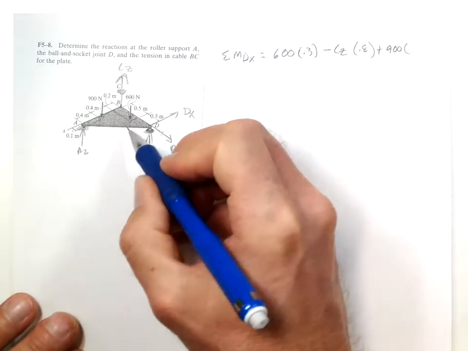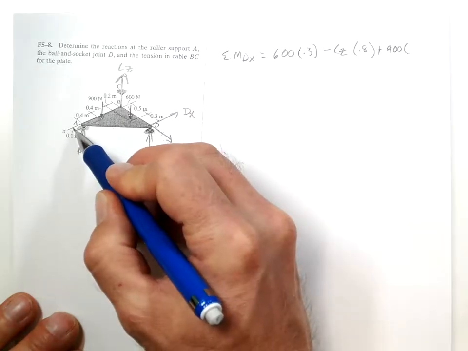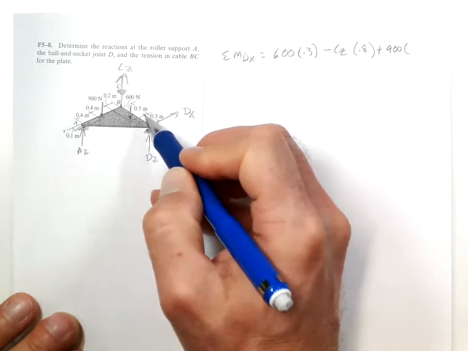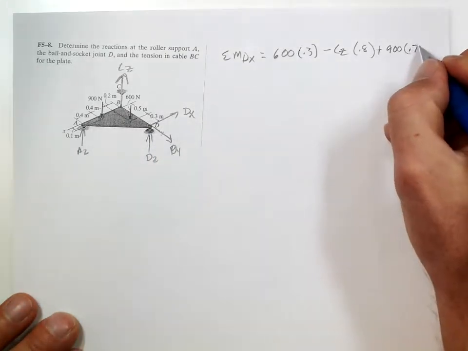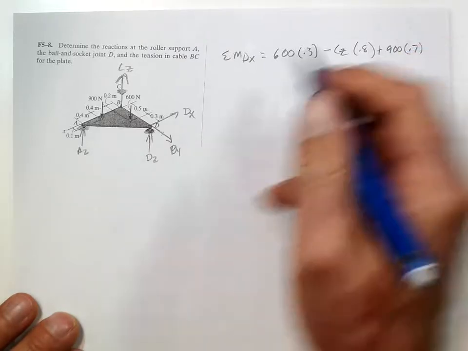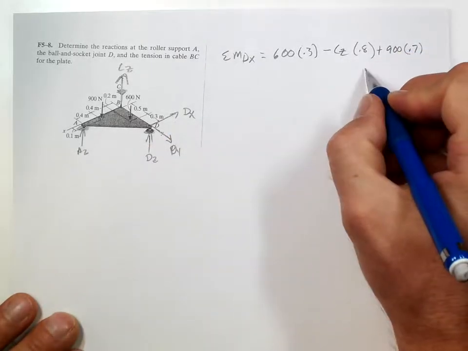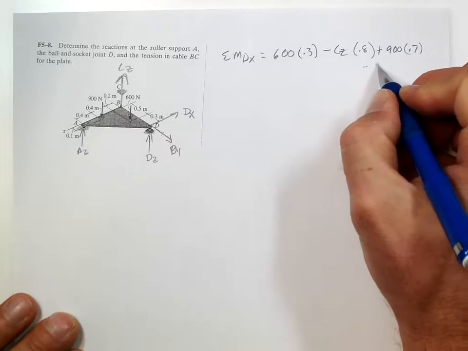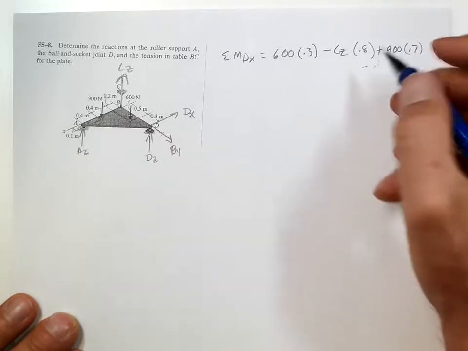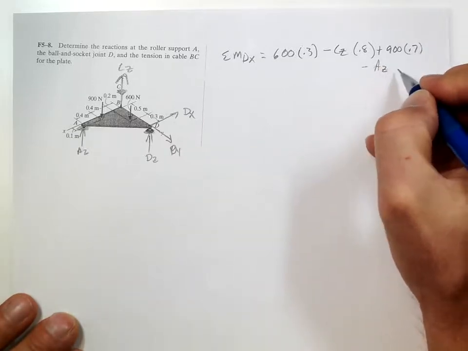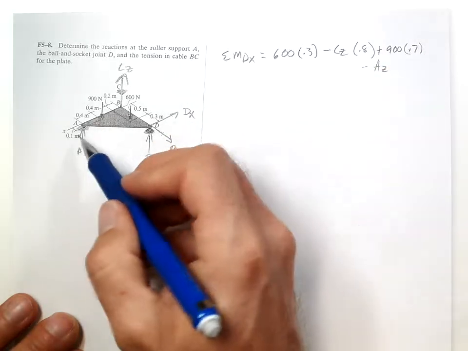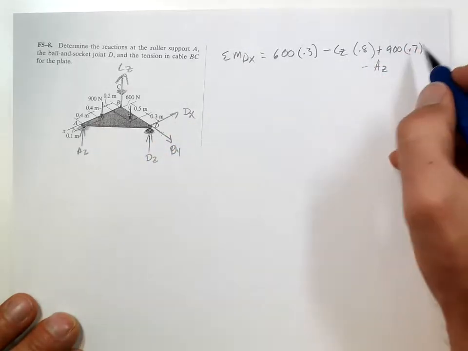And the distance there, I think, is 0.7. And then we have AZ up, and that also is 0.8. It's on the very edge.